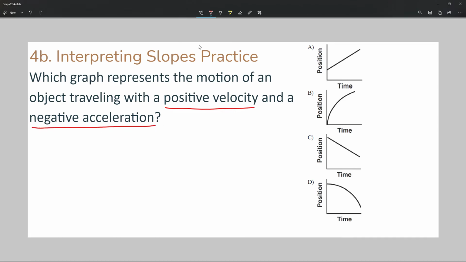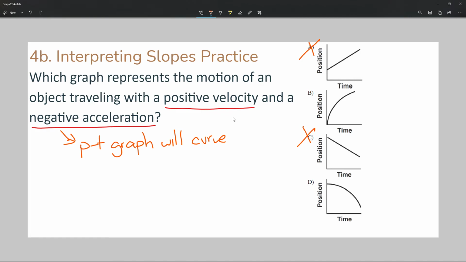And once you see the word acceleration, you should realize that, well, a PT graph will curve. Which means that you can basically cross out two of these choices. And you're left with B and D.